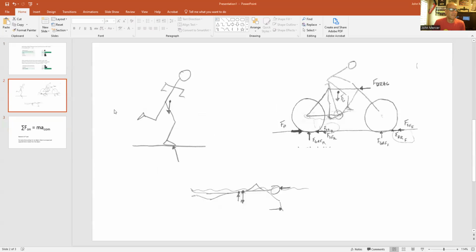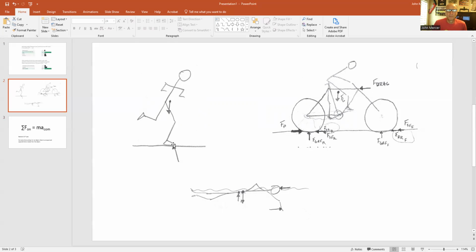So if I go back to these sketches of kinetic analysis, here's a runner. There's a force of gravity pulling on the runner. What Newton's third law says is that there's an equal and opposite force to this. That means the runner is also pulling on the earth. Here's the ground reaction force acting on the runner.